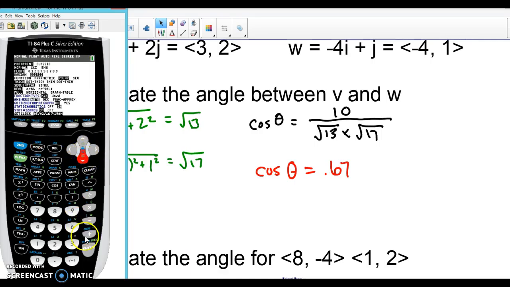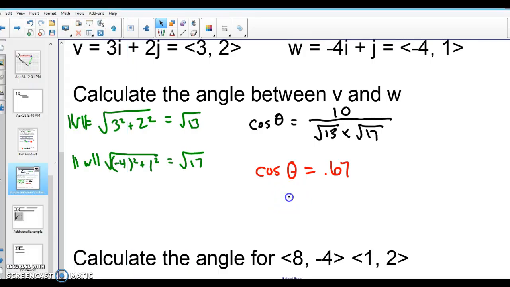So radian for all the graphing, degree for all of the theta calculations. So second cos of 0.67, and of course you can take it out farther than that if you want. Okay, I end up with an angle of a little over 47 degrees, almost 48. So there's an angle of 47 degrees between those two vectors.